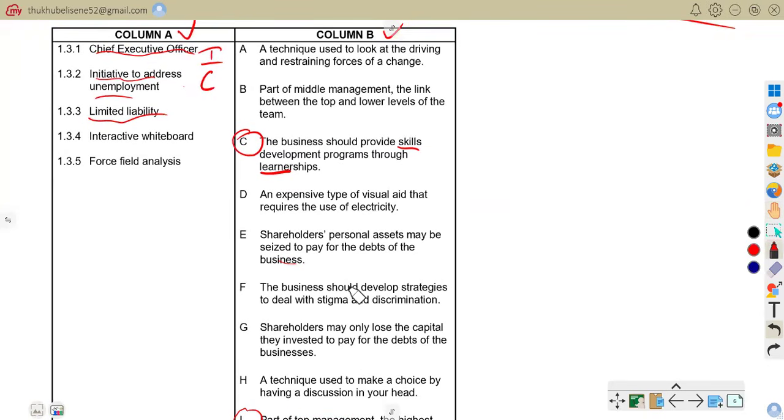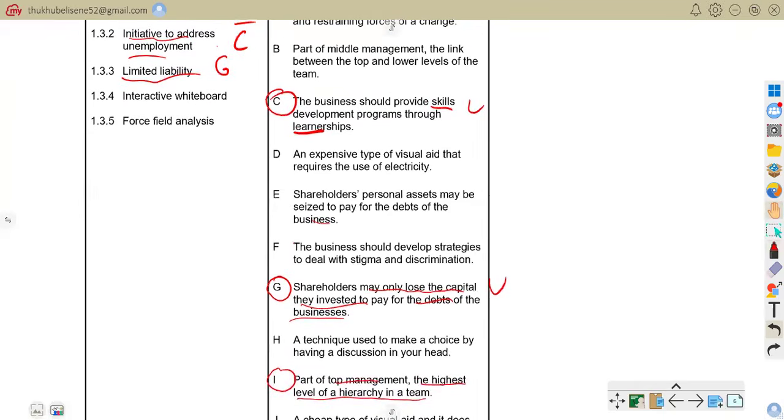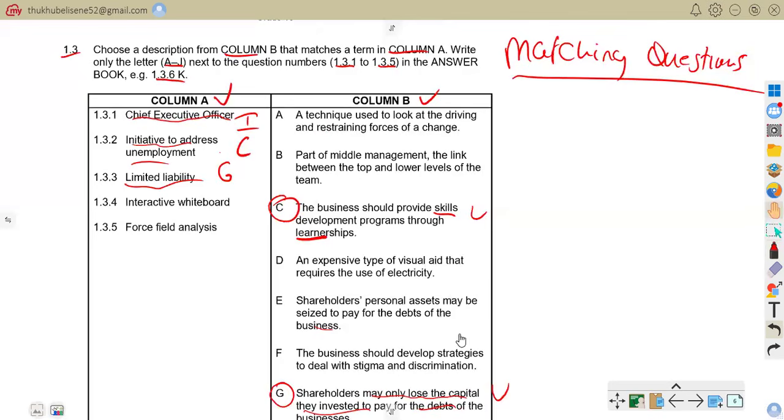The description that matches item 1.33 is G. Limited liability: shareholders may only lose the capital they invested to pay for debts of the business, meaning they are not going to lose their private properties if ever the business goes bankrupt. So the correct answer is G for 1.33.